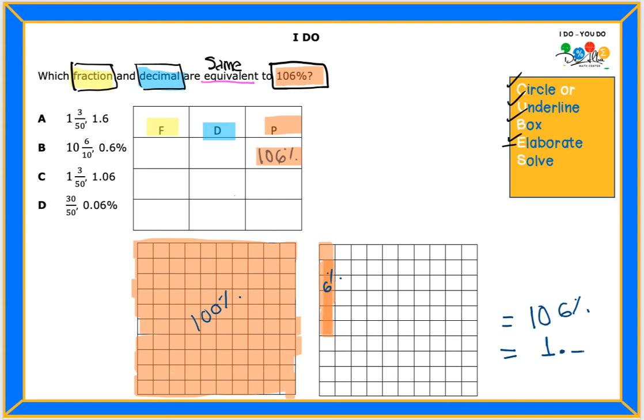So this is the place value for the tenths, and this is the place value for the hundredths. So we should write it like this. Great. So right here we're gonna write 1.06. In other words, guys, we can see what happened here looking at our model. But if we want to just do it numerically, so we can start generating a rule, when we have the decimal point in the percent number, we move the decimal two place values towards the left, and that's gonna be the decimal representation, the way we have it in here.